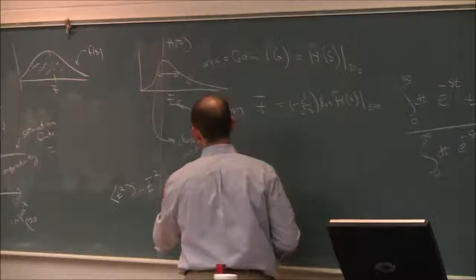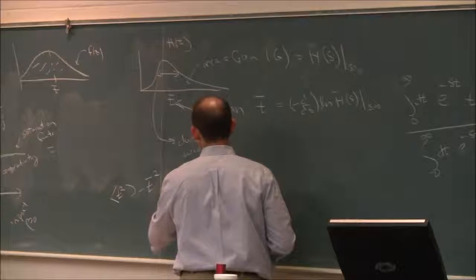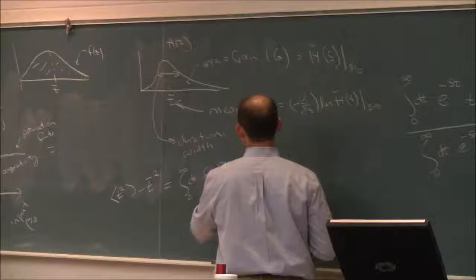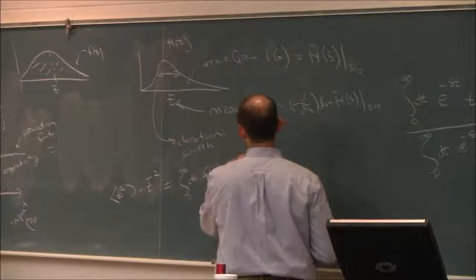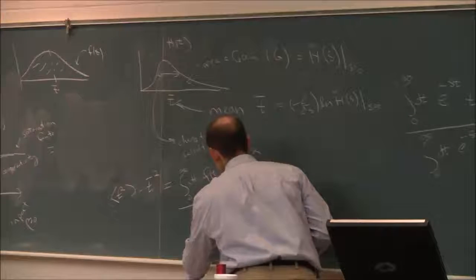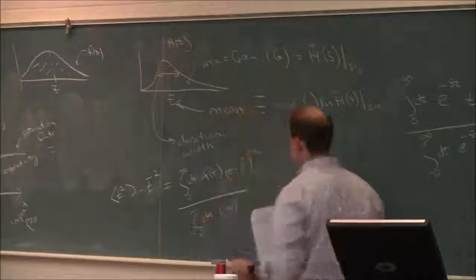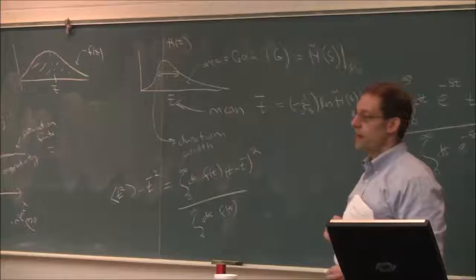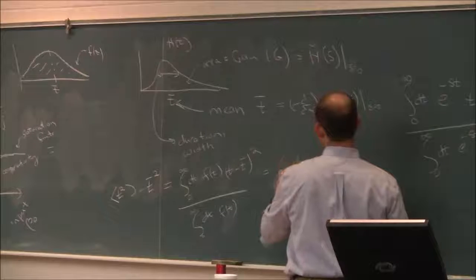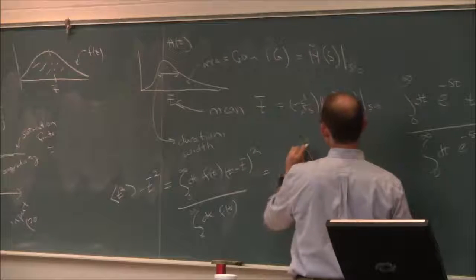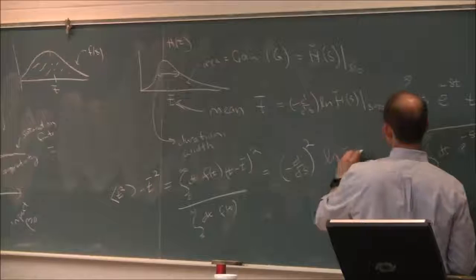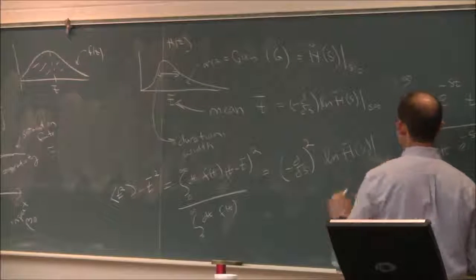So this is equal to the integral from 0 to infinity dt f of t, t minus t bar squared, divided by the integral from 0 to infinity dt f of t. Exactly how you would define a variance for a random variable. And this is equal to minus d squared/ds squared of the log of h of s at s equals 0.